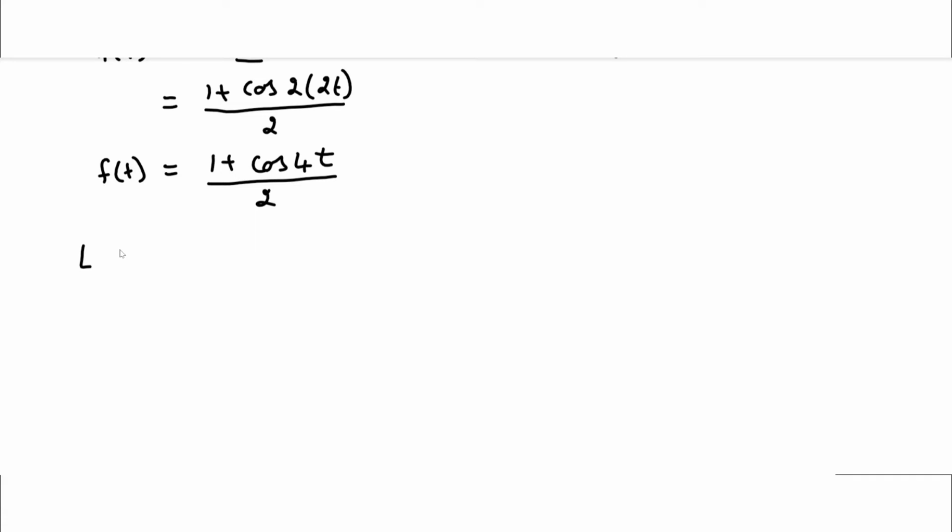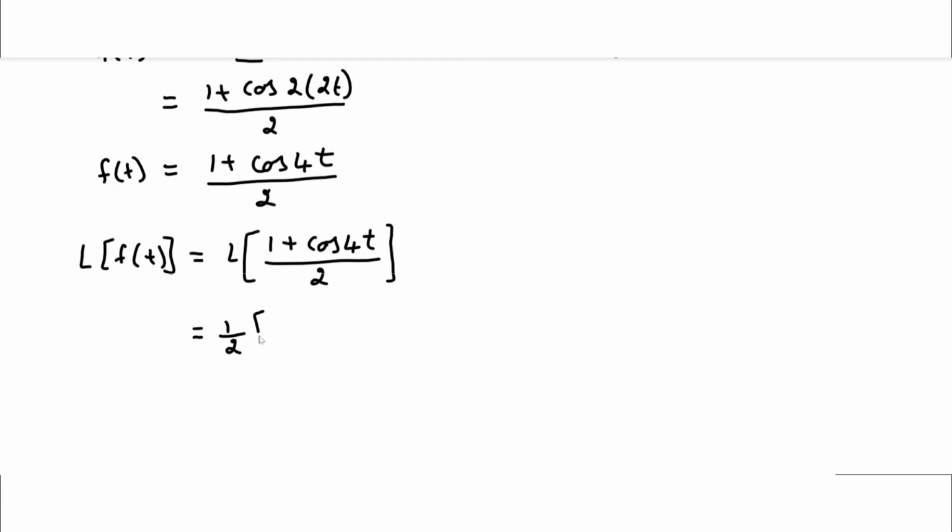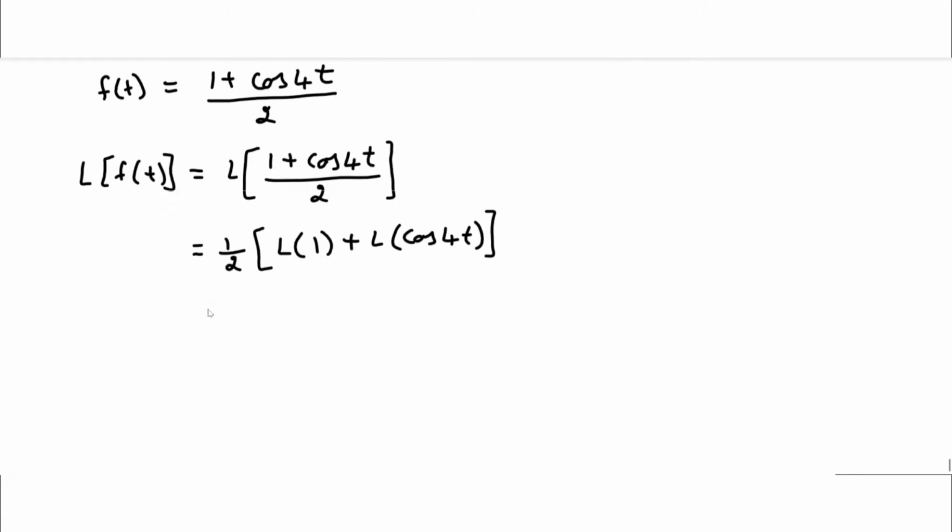So we'll try to apply the Laplace transform on both the sides. Laplace transform of f of t will be equals to Laplace transform of 1 plus cos of 4t whole divided by 2. Divided by 2 is a constant, you can take that outside. Apply the Laplace transform for the first term in the numerator, which is 1, plus Laplace transform of the second term, which is cos 4t. So we know the standard formula: this is 1 by 2 as it is, Laplace transform of a is a by s.